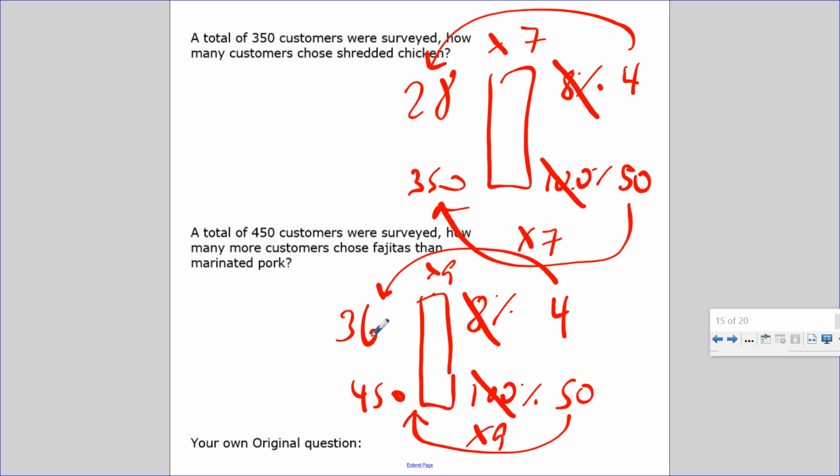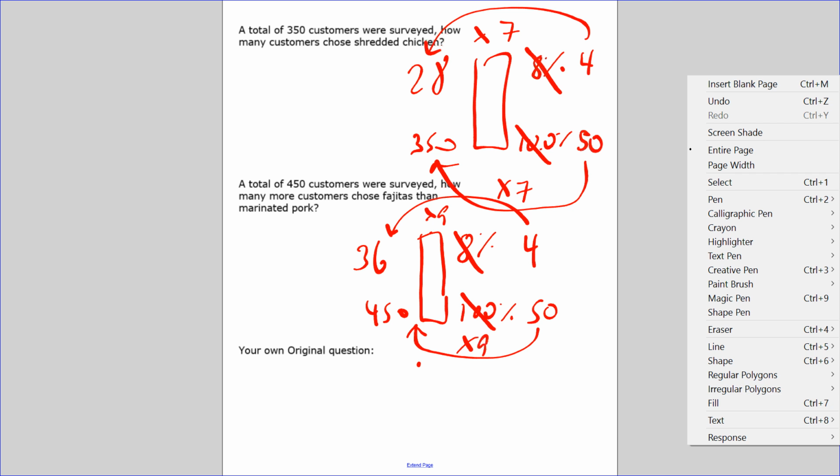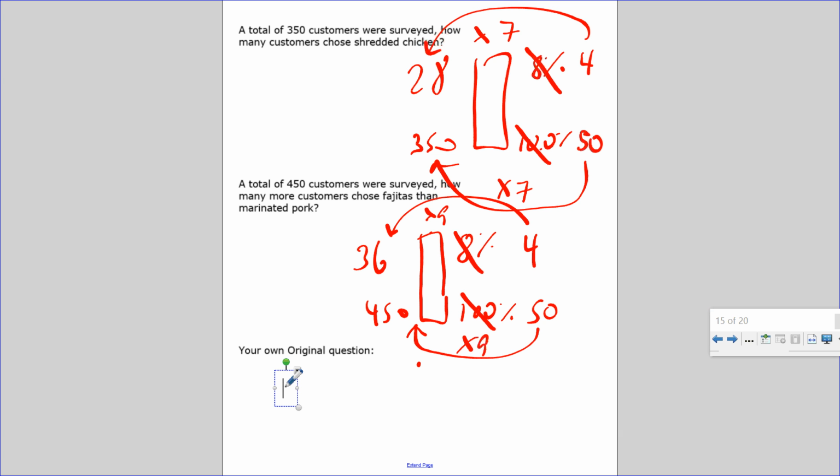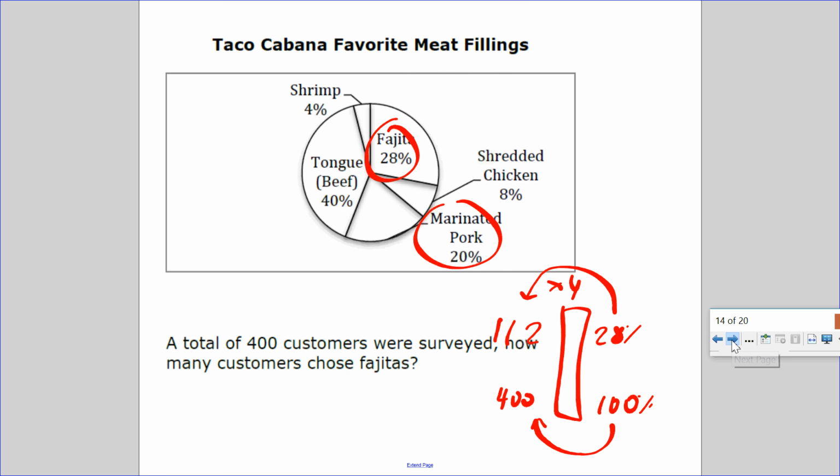What if the next question is this, a tougher question? Let me type it up. Here's a tougher question. Let's say 30 people selected tongue.